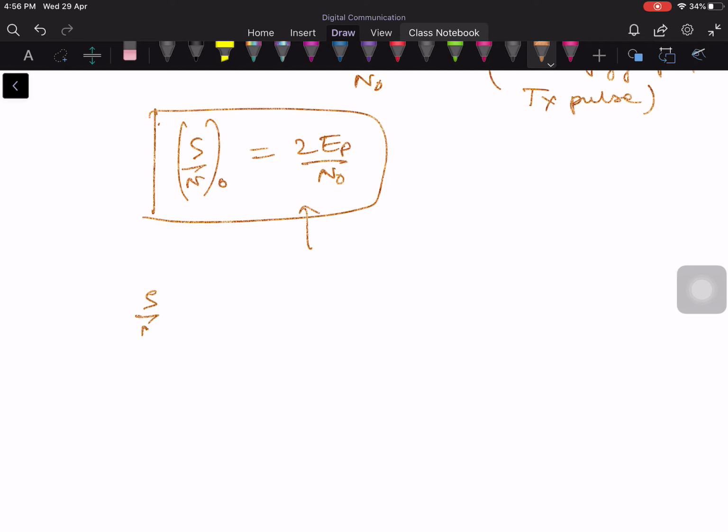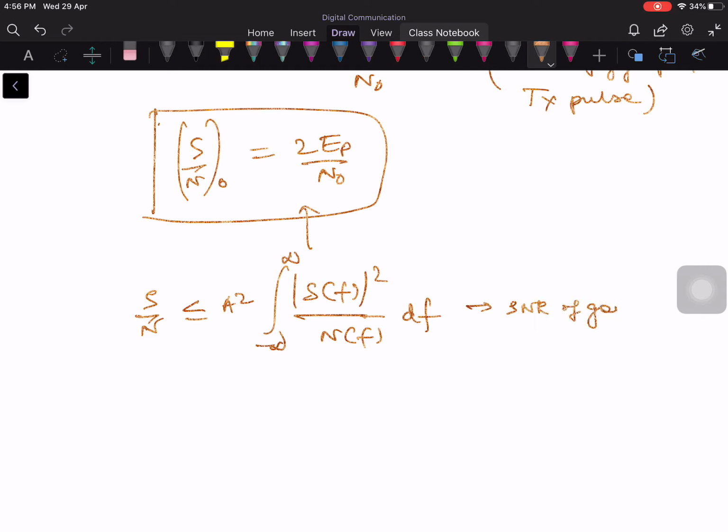The SNR is less than or equal to A square times the integral of mod of S(f) the whole square divided by N(f), an expression I derived in one of the previous lectures, from minus infinity to plus infinity. This is the signal to noise ratio in the general case, meaning we are not assuming the noise is white Gaussian noise.